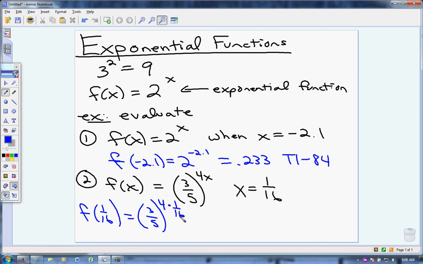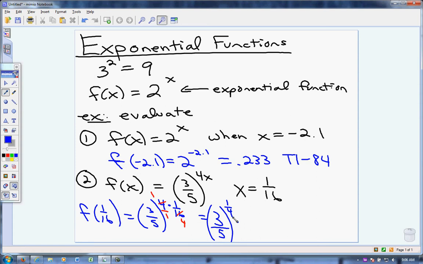What we've reviewed this year with fractions is that I can factor this a little bit. I can put this over 1, and I can factor here. 4 divided by 4 is 1. 16 divided by 4 is 4. And so now what I have is 3/5 to the 1/4 power.